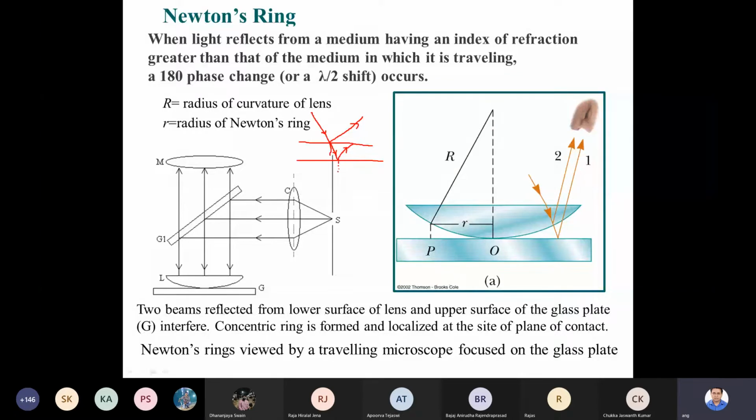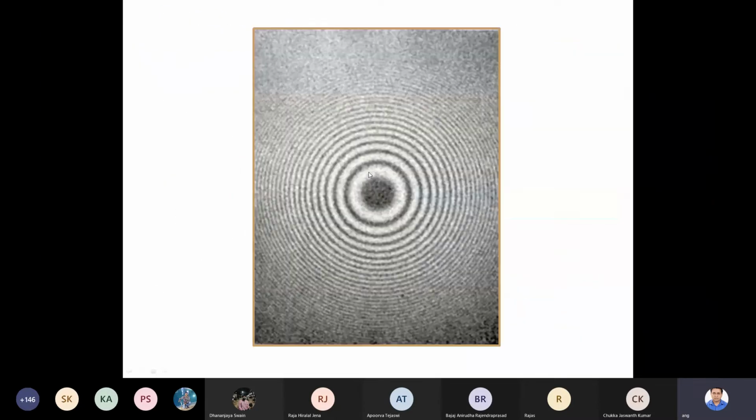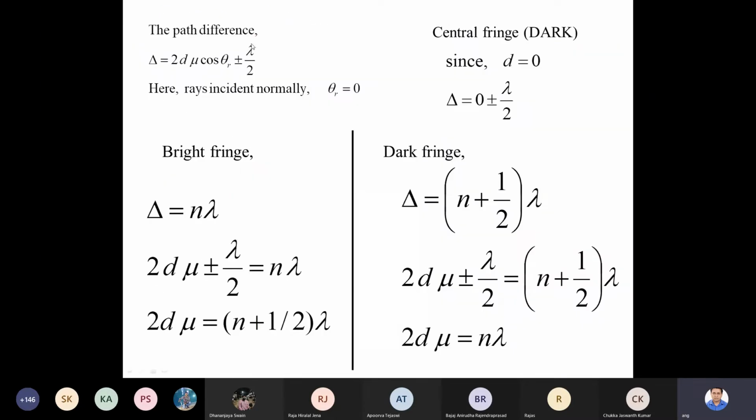So during the reflection you always have a phase change of pi, and that is equivalent to lambda by 2. So you can write this expression with plus minus lambda by 2.